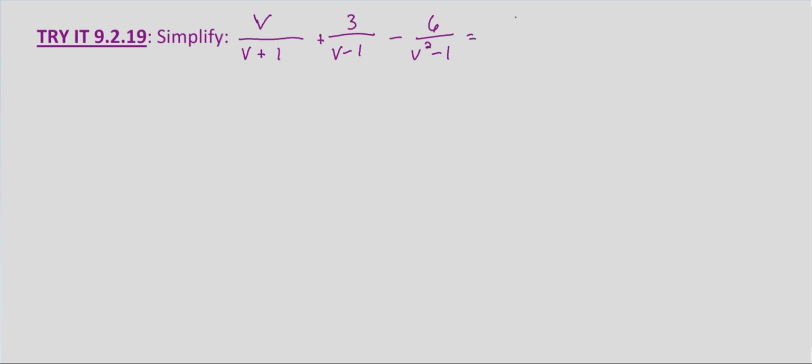So we're going to end up with v over v plus 1, plus 3 over v minus 1, minus 6 over v squared minus 1, which is just v minus 1 times v plus 1, because it's a difference of squares.